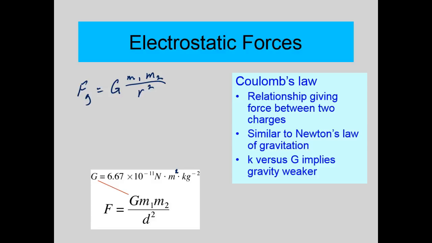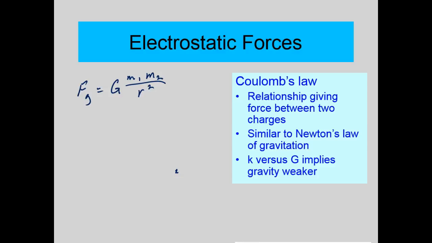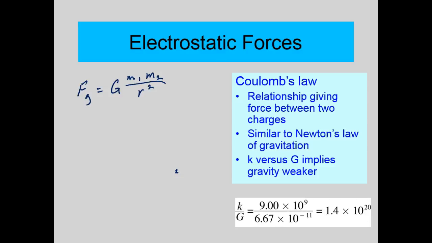Except K was 10 to the positive 9, G is 10 to the minus 11. So when you look at that ratio, 9.00 times 10 to the 9th compared to G, which is 6.67 times 10 to the minus 11. Now, of course, there are different units in that place. Look at that ratio.